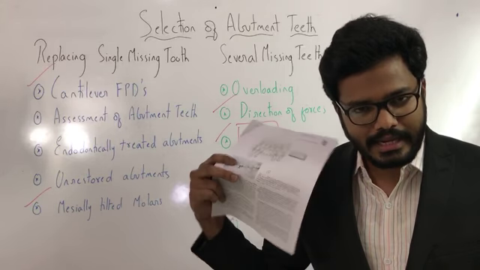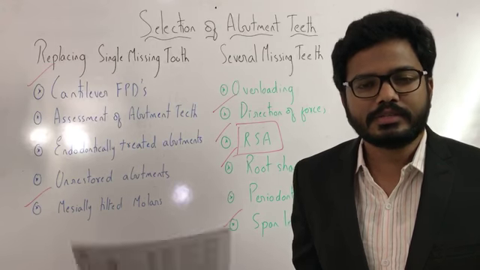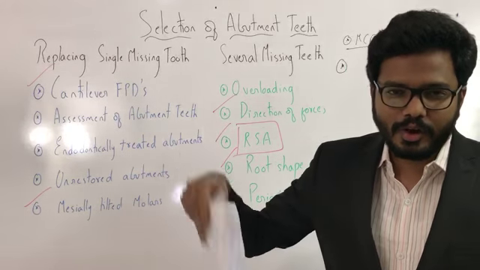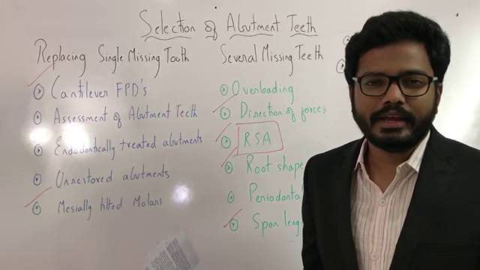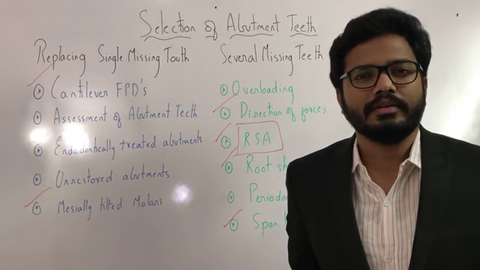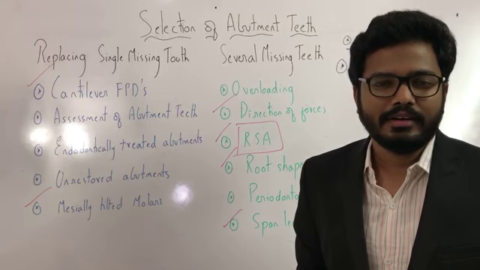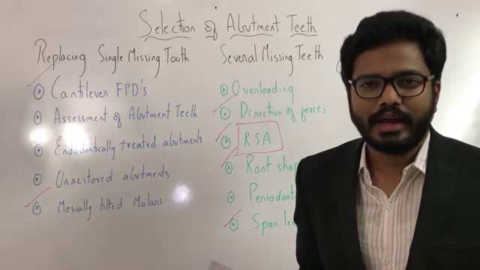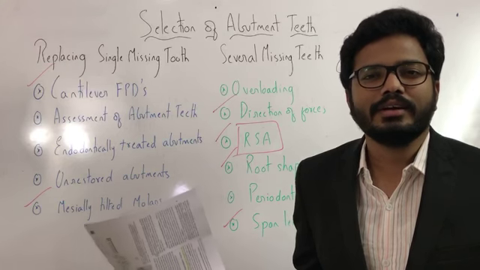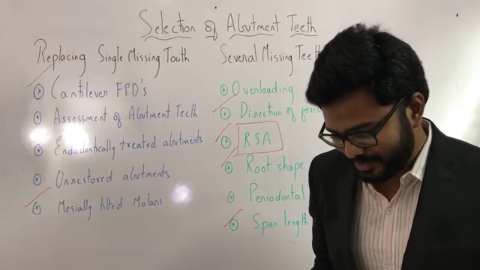I mean, the statement as such is correct. Yes, we have better results or better prognosis when the forces act along the long axis of the tooth. But why do you think cantilever has a poor prognosis? It's because of lateral forces which are being generated, right? So both statements are true, and reason is not justifying assertion. If you have any contradictions, let me know.